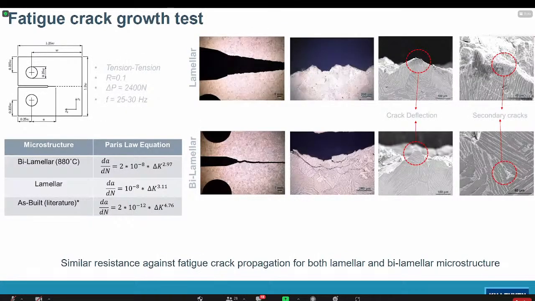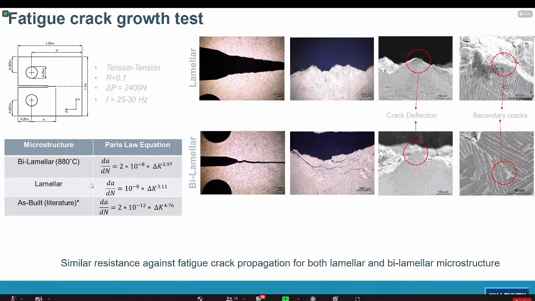Now, coming to the dynamic behavior, we did fatigue crack growth tests for the Paris regime. It was in tension mode, and the load ratio was 0.1. And here, if we look at the Paris law equations for different microstructures, the first thing that we see is that the exponent of delta K shows how fast the crack is propagating. I took the value for the as-built microstructure from the literature, and it was around 4.76.